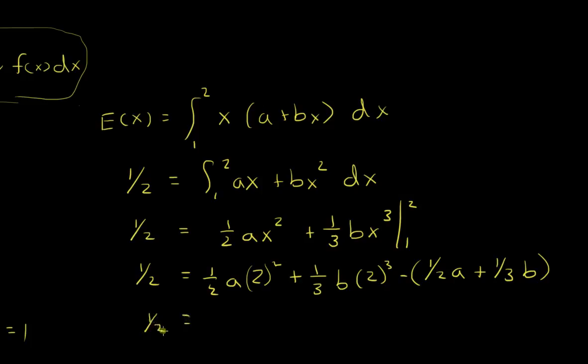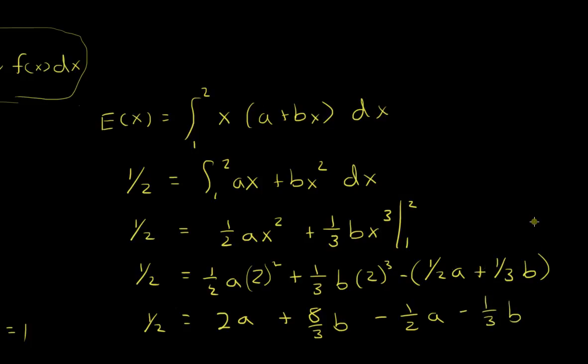Okay, so I have, let's see, 1/2 times 2 squared, that's going to be 2. So I have 2 a's there. Plus, this is going to be 8/3 b, minus 1/2 a, minus 1/3 b.